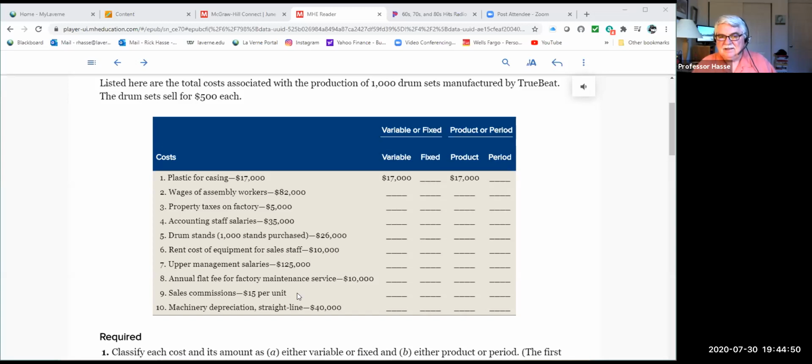Taxes, accounting staff, rent, sales commissions. Those are the period costs. They're associated not with the manufacturing process, they're the other costs of running your business. What would be a period cost for Laverne? Their computer services, or lack thereof. What would be a period cost for the University of Laverne?